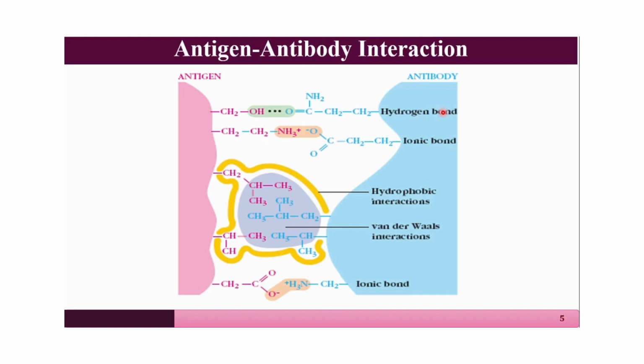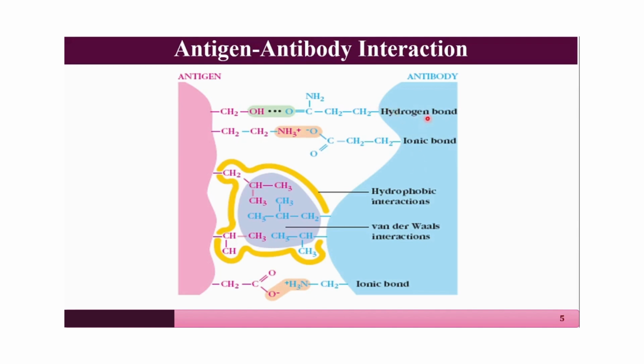So typically, the antigen antibody reaction takes place due to chemical interaction. Here on your left hand side, you have the antigen molecule, and on the right hand side, the antibody molecule. The interactions that typically take place between antigen and antibody are shown as chemical interactions.